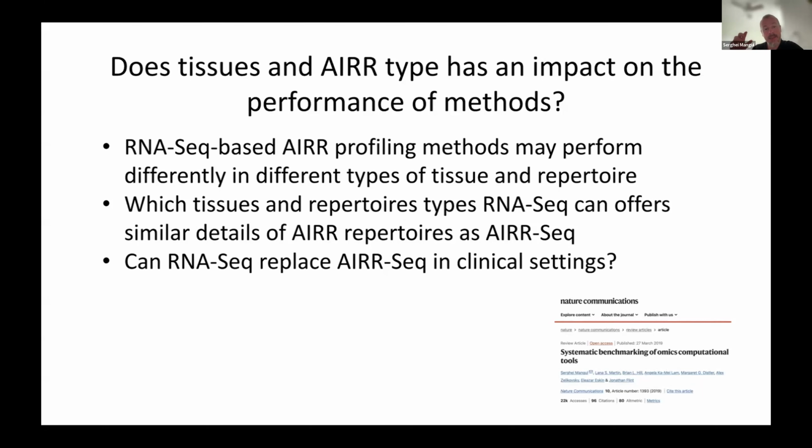Because oftentimes when there is some cancer cohort or other cohort, people have already done some sequencing, perhaps RNA-seq, or whole genome sequencing. And if we can come and say, hey, for those samples, we give you really accurate results, and you can use that in that study, I guess it will be appreciated. But we need to know those conditions, like what tissue types, what repertoire types we can use.